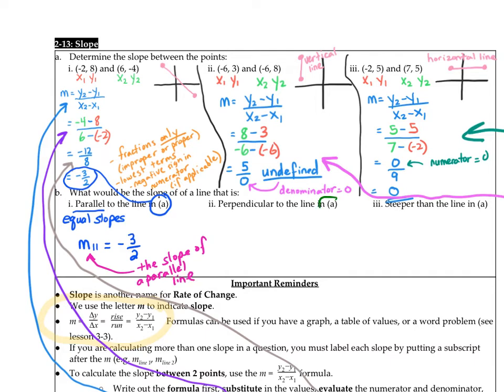In this question, again, we're going to be referring to the slope in question A, which is -3/2. A perpendicular line would have what we call opposite reciprocal slopes.